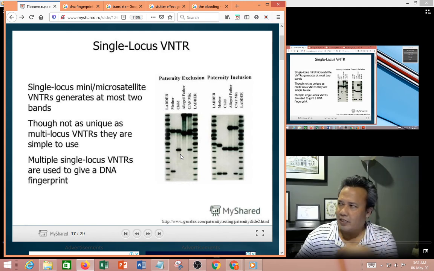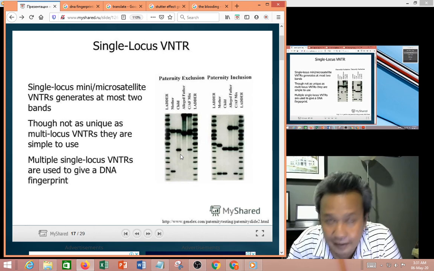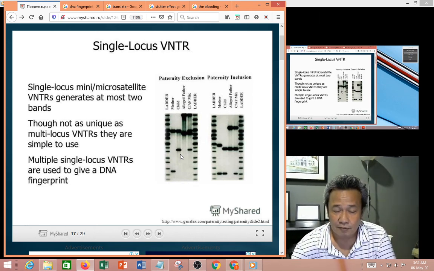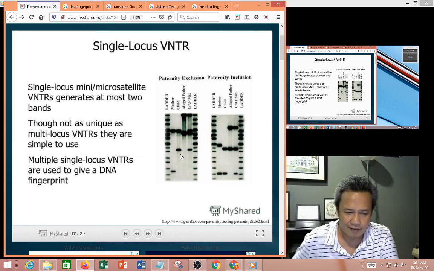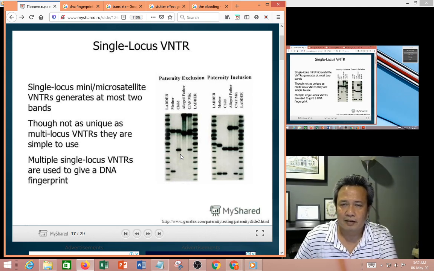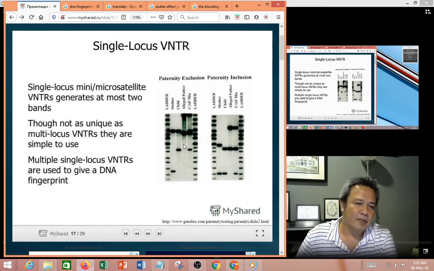This is called the obligate pattern, right? Must. If you want to tell whether one person is the father or not, they must have that band. And so if this is the alleged father, you can say no, it cannot be, because the father's band does not appear here.